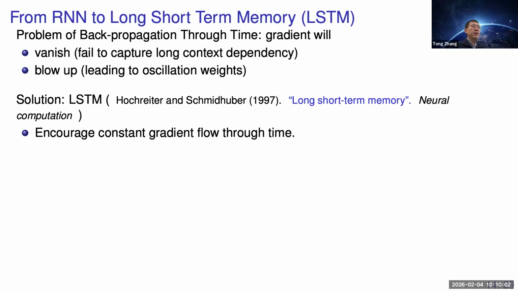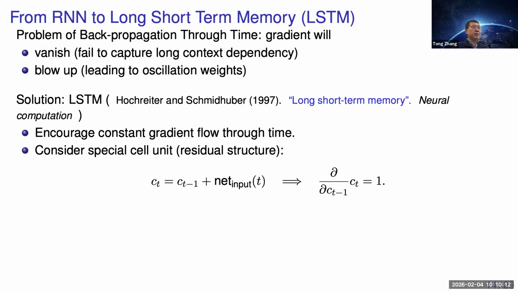Basically, this sounds very similar to the ResNet. Turns out that there is a lot of similarity here, and you want to have a special cell. This cell will have long-term memory. This is like a residual, right?